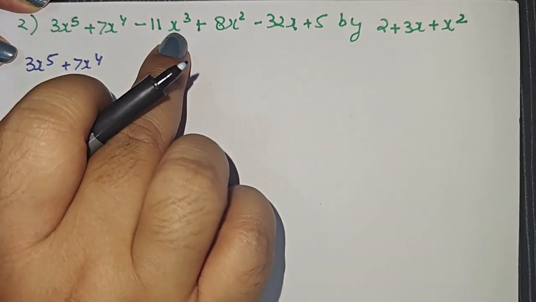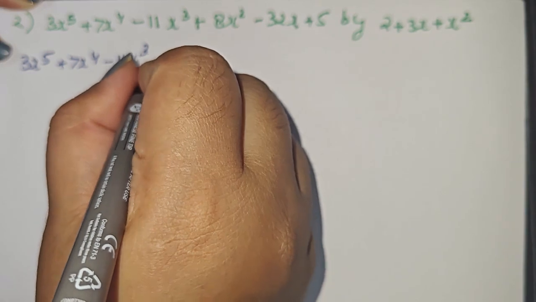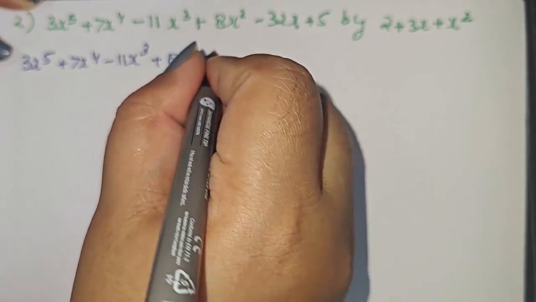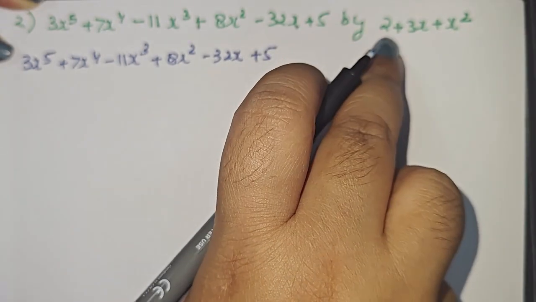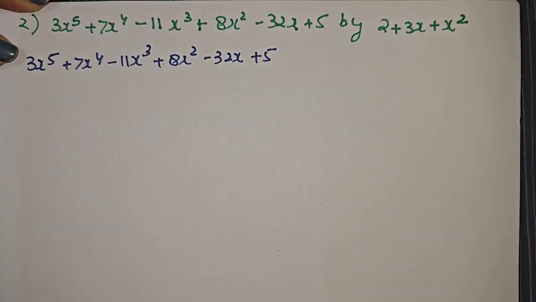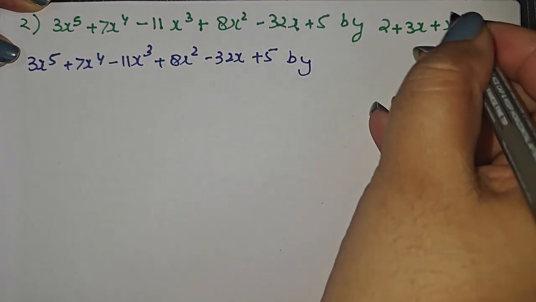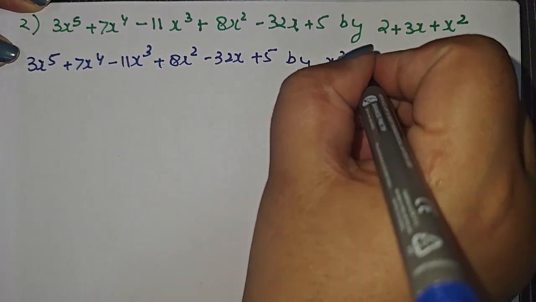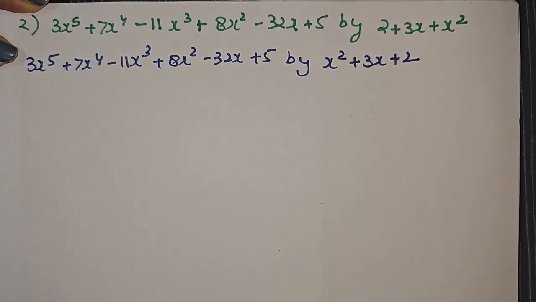In this next one, let's start arranging. So we have x to the power 4, then we have x cubed, then 8x square minus 32x plus 5. Now we have to arrange this because it seems like this is not arranged. So we have x square plus 3x plus 2.